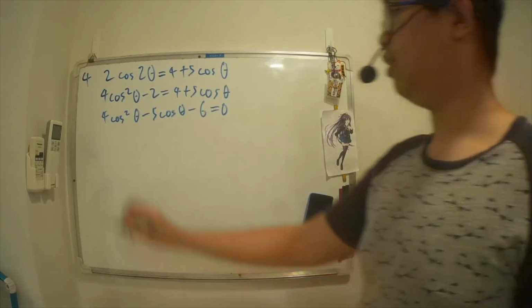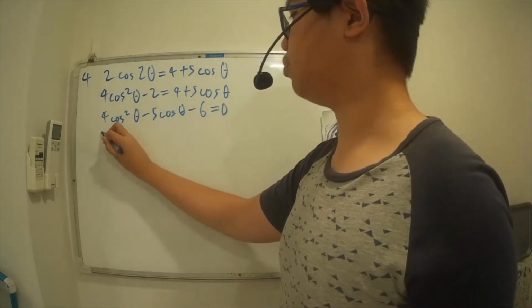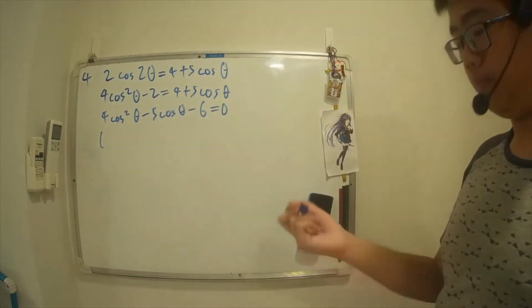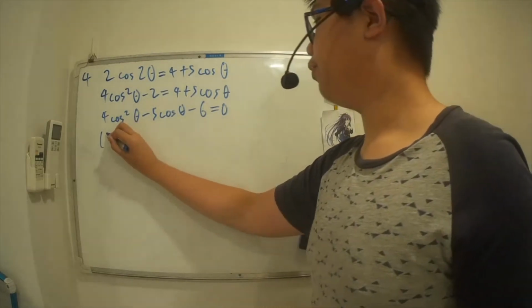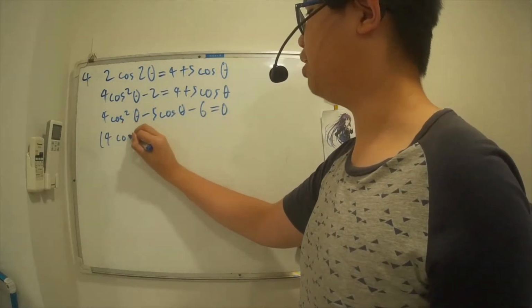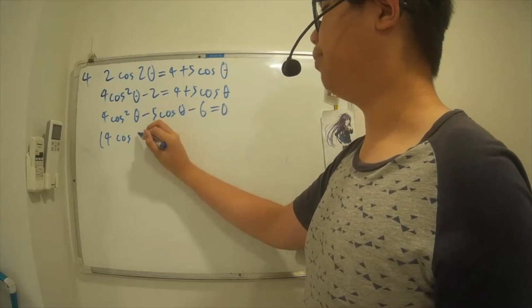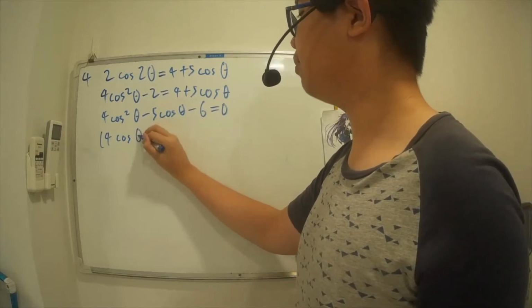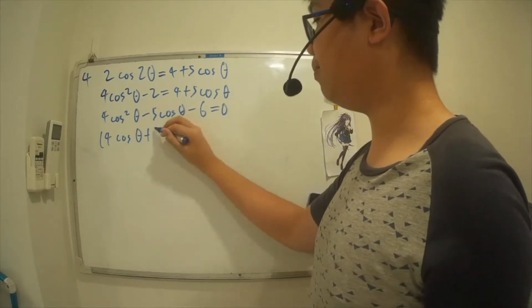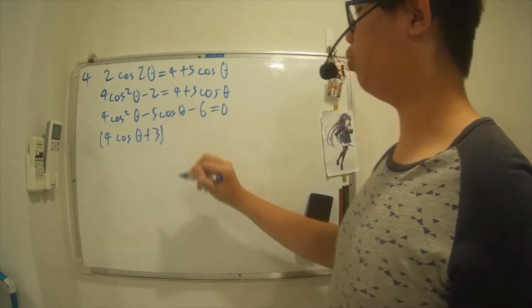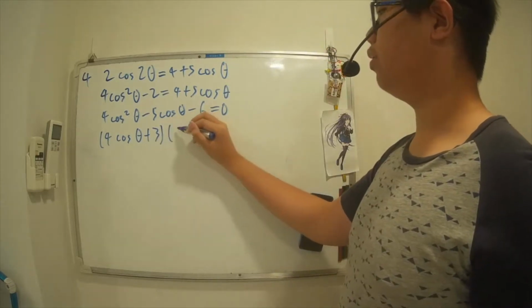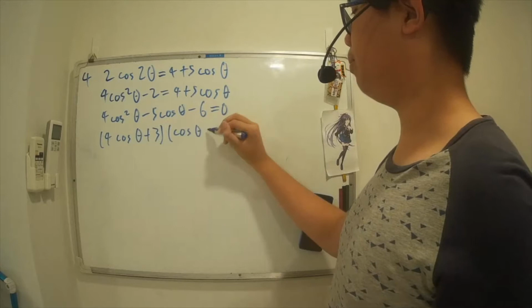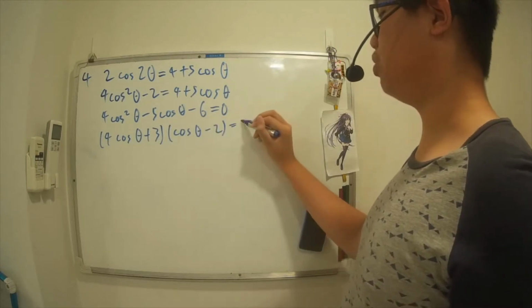Okay? And then, okay, this was 4 cosine theta plus 3 and cosine theta minus 2 is equal to 0, right?